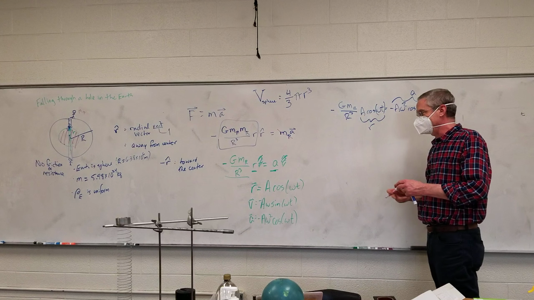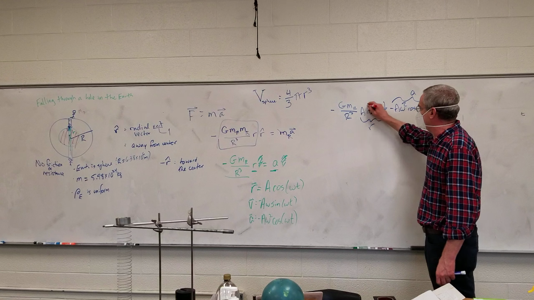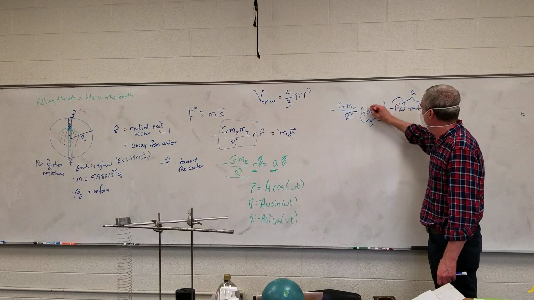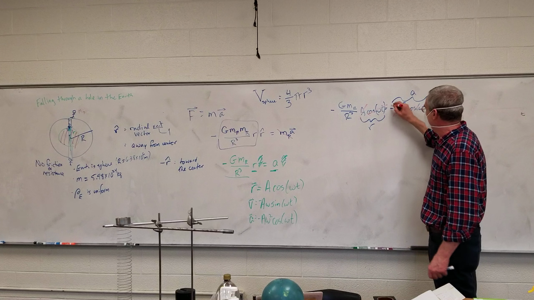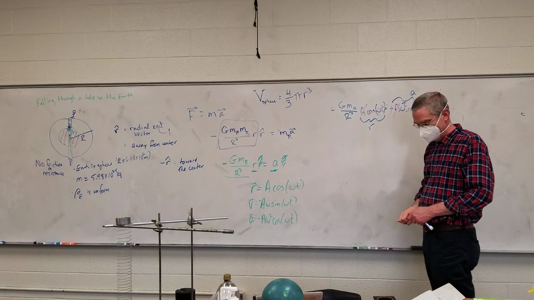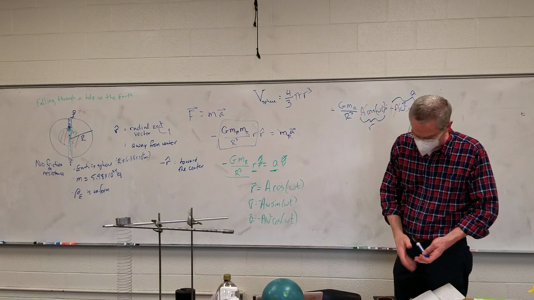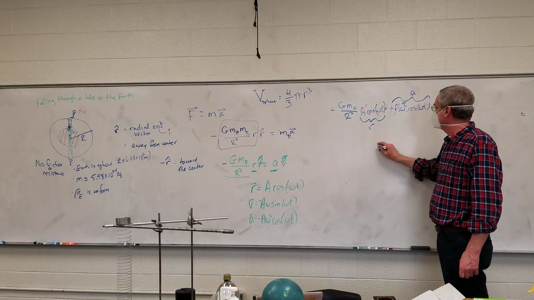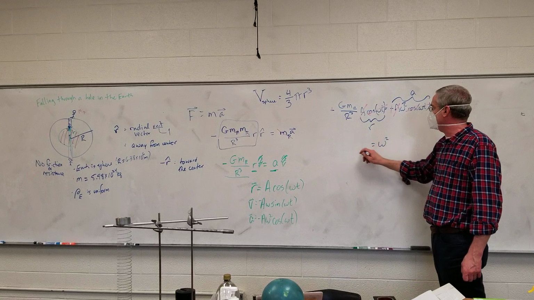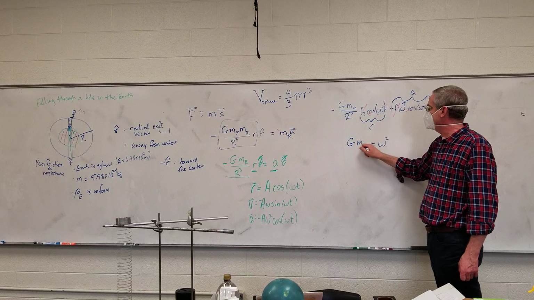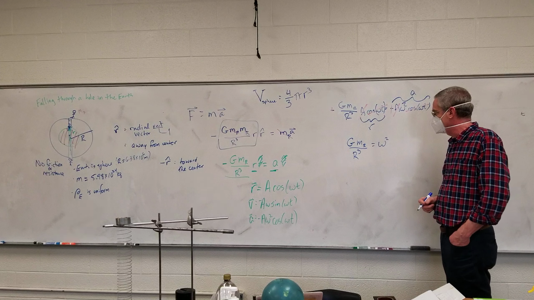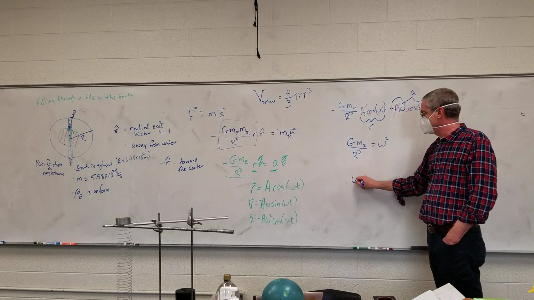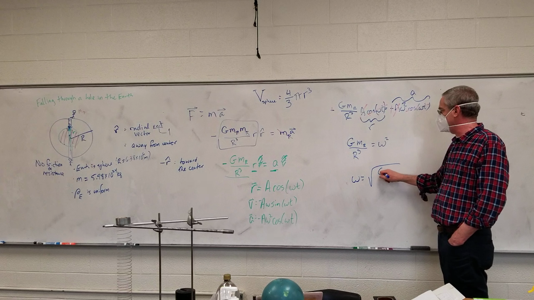The amplitude is the radius of the Earth, but it cancels out anyway, so I don't have to worry about that. Cosine omega t, can't get rid of that. The minus sign I can get rid of. So I'm left with omega squared is equal to big G mass of the planet over R cubed. So omega is the square root of G M over R cubed.